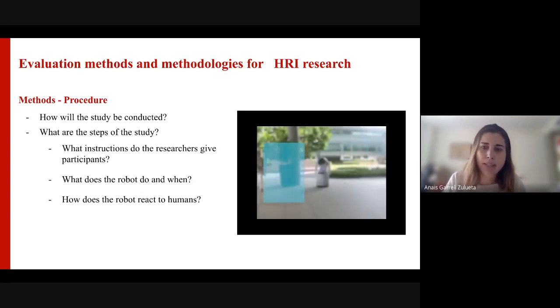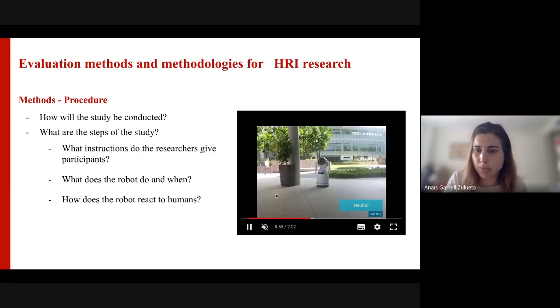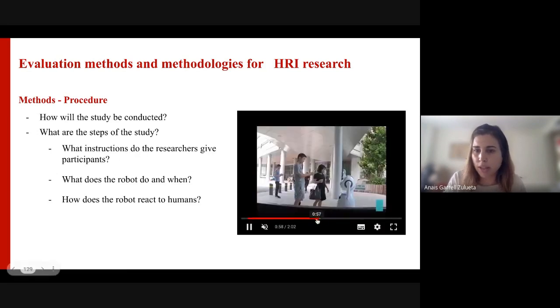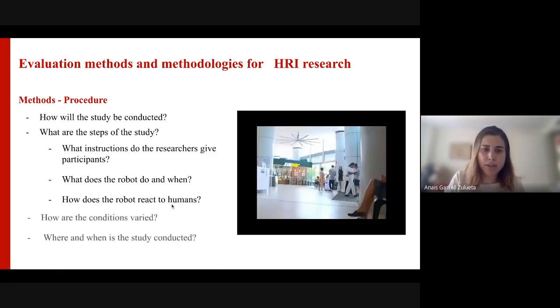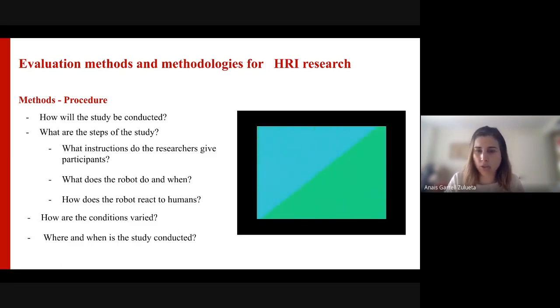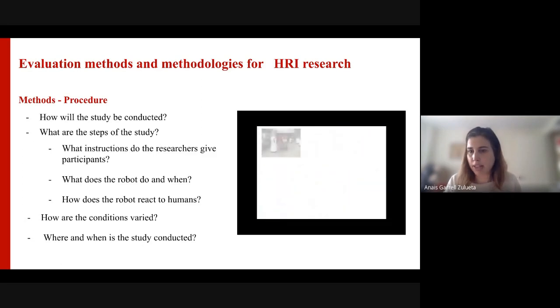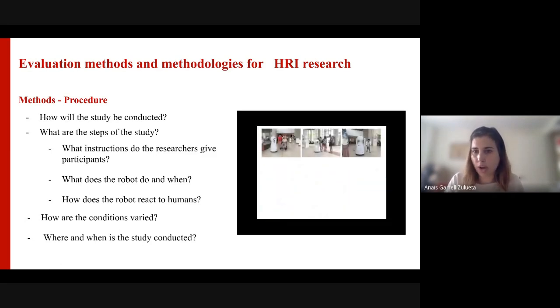They decide all the capabilities of the robot, for example when it's neutral, so it's doing nothing, or when the robot says hello. The point here is that you also have to decide where and when the study is conducted: how many days, in which area, during the day, during the night, how many hours.